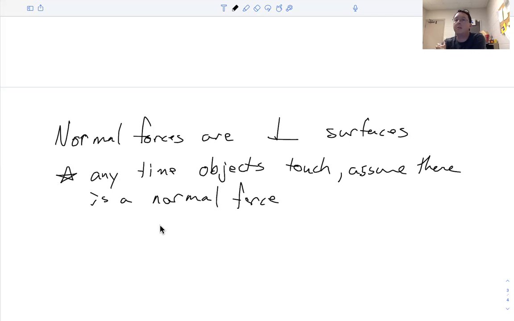Right? Anytime objects touch, assume there's a normal force. If the math tells you it just happens to be 0, that's fine. But in general, if they touch, assume there's a normal force.